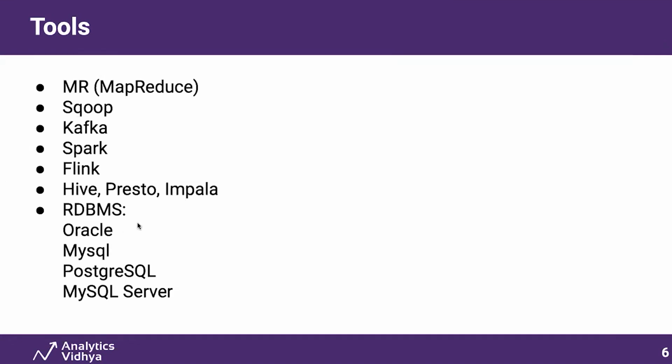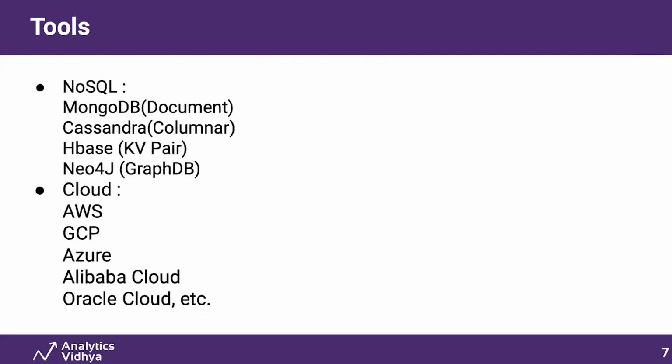RDBMS, I'll not dive deep into this because I'm pretty much sure everybody is aware. Oracle, MySQL, PostgreSQL, and SQL Server. Yes, NoSQL. So we have particularly categorized this into 4 categories. First is your document, second is your columnar, third is your key value pair, fourth is your graph DB. On the left hand side, we have examples of these. MongoDB and CouchDB come in the document category.